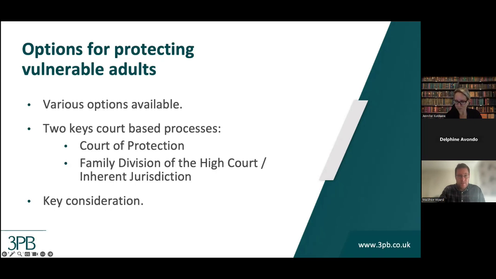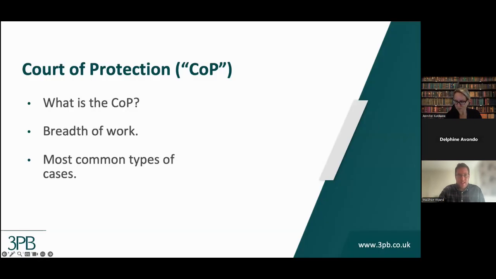We'll now turn to look at both of those options in a bit more detail. And we'll start with the Court of Protection, or COP as it's more commonly known. What is the COP? Well, it's a superior court of record and has broadly the same powers as the High Court, and it has really three key functions.